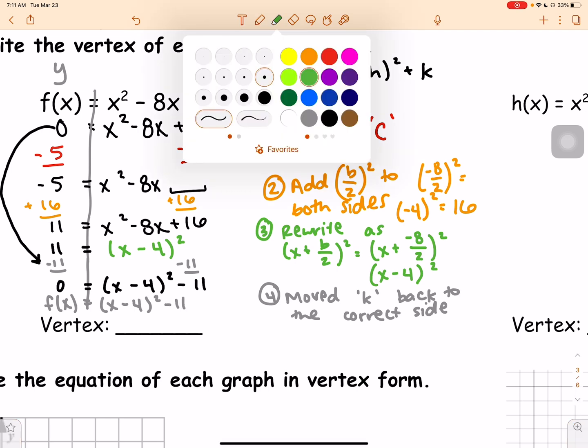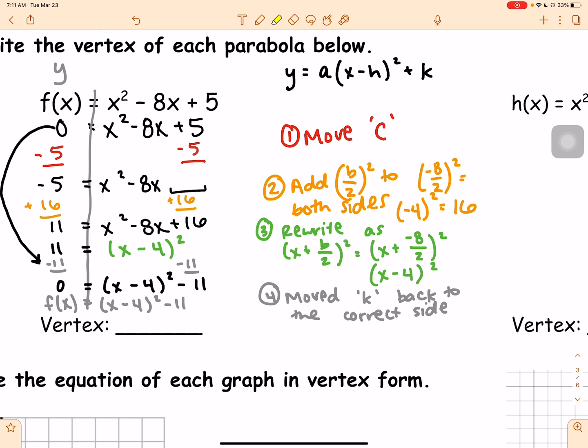So let me tell you something. In Desmos, if you go to graph this and you graph this one, they should be the exact same parabola. So that's a really good way to check that you completed the square correctly. Graph both of those functions and make sure that they're the exact same. So now here, what this gives us is our vertex.